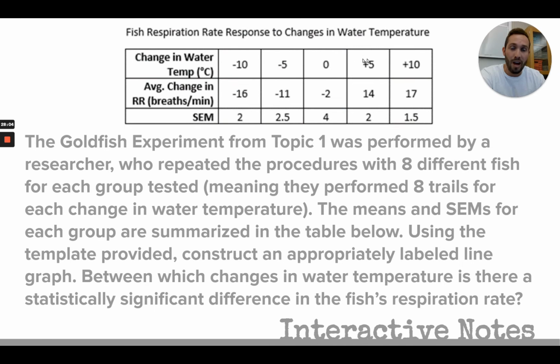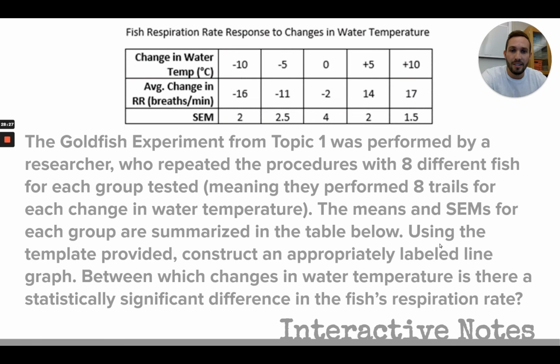And when the water went up 5 degrees, this was the average. So here are averages now from testing not just 1 fish per group, but 8 fish per group. And there are standard errors already calculated for you for each group. Each group has its own standard error value because it had its own unique set of data for those 8 fish. So there are the standard error values.